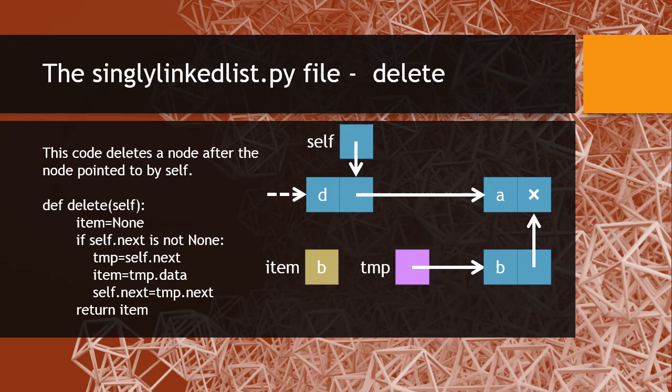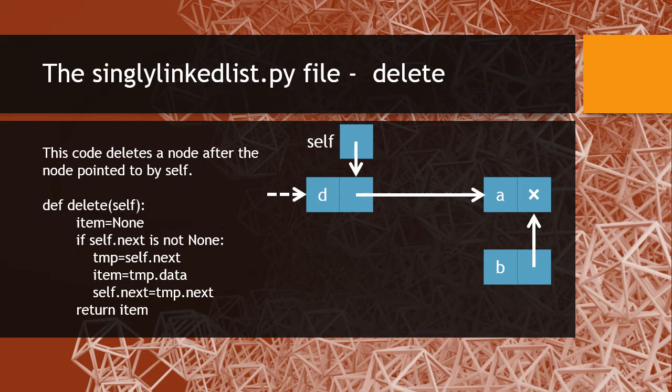So the last line is return item. Item is returned. tmp falls out of scope because the function has completed. And since nobody is pointing to the node containing B, B also perishes, because a node can only be found if somebody points to it.